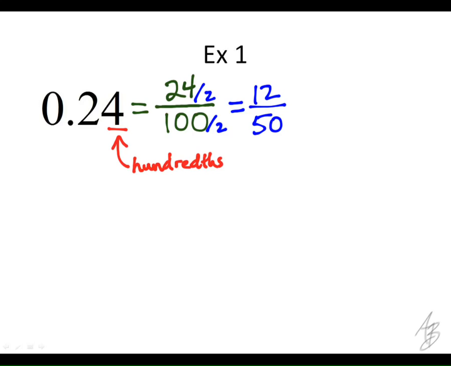They're both even. So what can we divide by? Divide by 2 again. 12 divided by 2 is? 50 divided by 2 is? Okay, can I reduce that? No. So that is going to be my final answer. Second example, we want to convert 1.5 to a fraction.